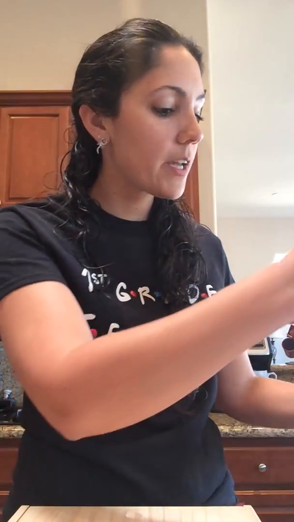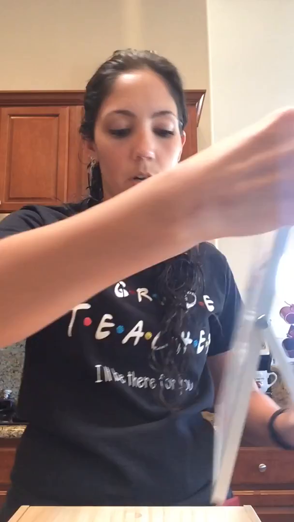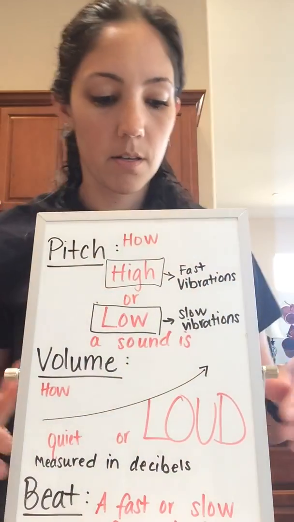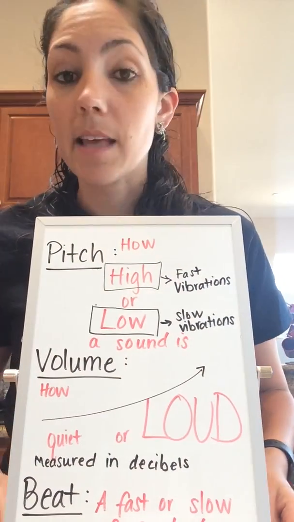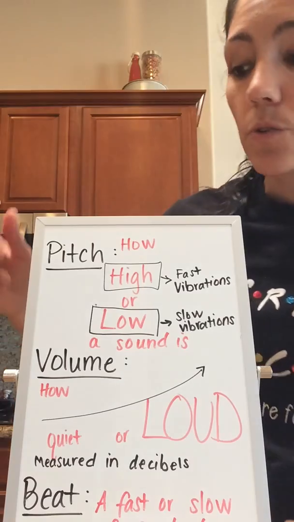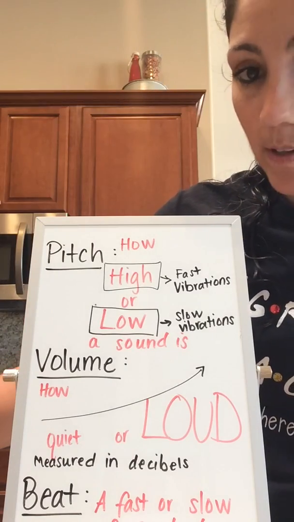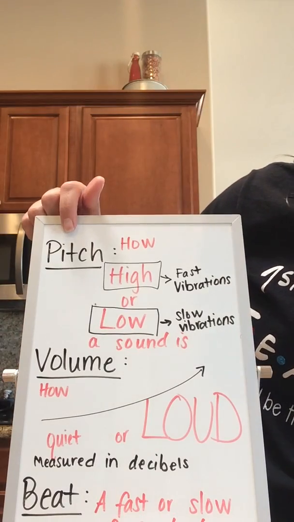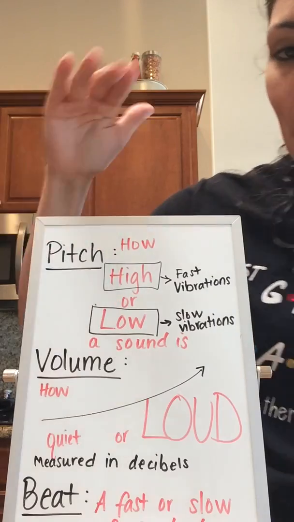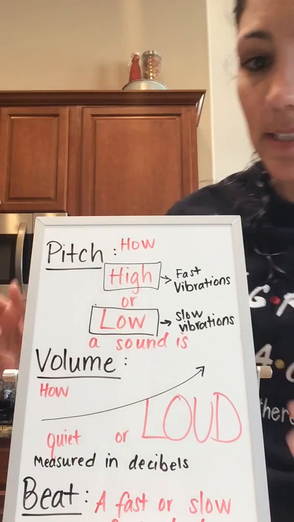We talked about what sound is, and when we're talking about sound energy, there are a few things that we like to consider. So when you are working with sound energy, pitch is the word we use when we're talking about how high or low a sound is.